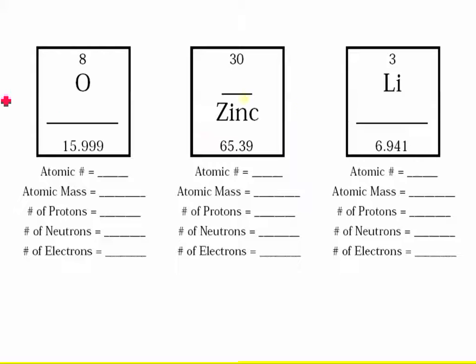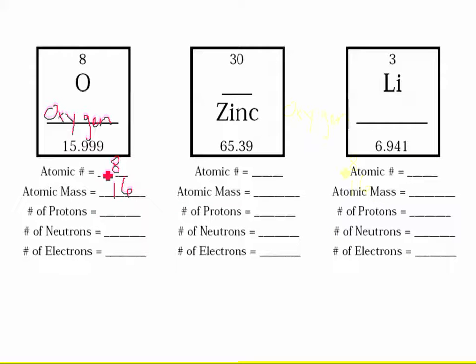So here when we're looking at O, we know that O is oxygen, so we can write in the name. The atomic number is always at the top, so the atomic number is 8. We know that the atomic mass is listed as 15.999. We're going to go ahead and round the atomic mass up to 16, and we'll talk more about that in a little bit. Just trust me that it's okay to round these.